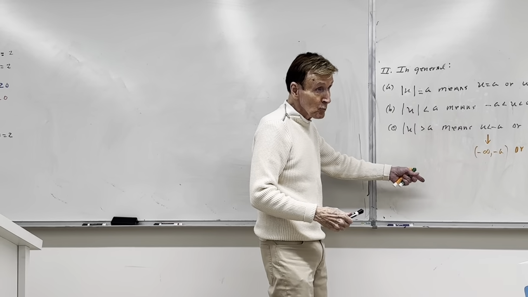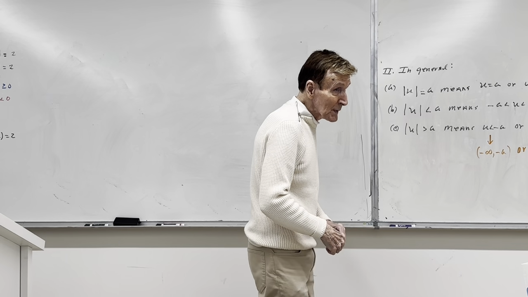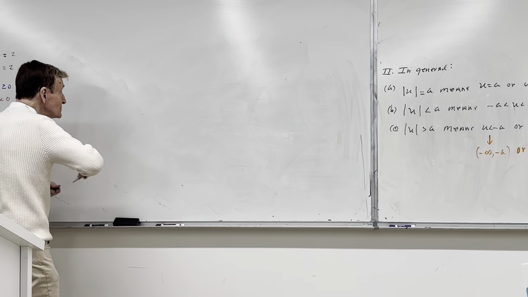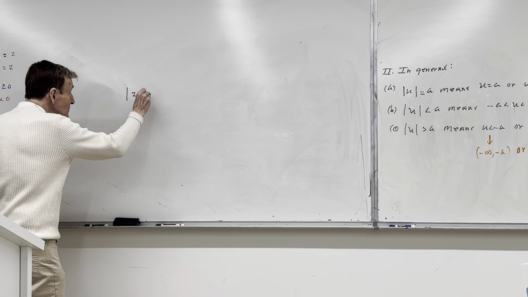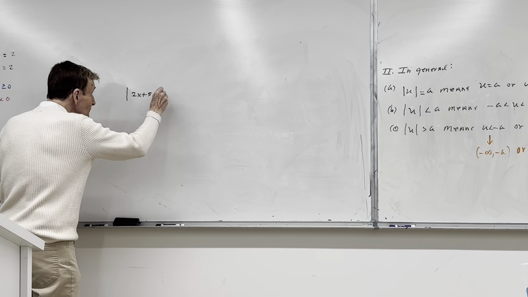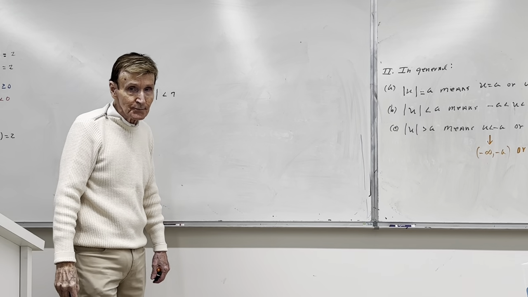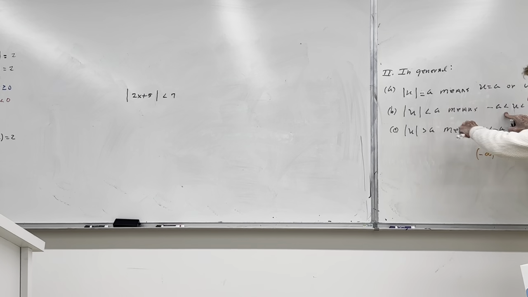Now, we'll leave our rules here to follow best we can. Aiden, tell me what the first one is. The absolute value of 2x plus 5 less than 7. Now guys, this time it's not equals. It's less than, and here's the rule we gave you. You have to know the rules.